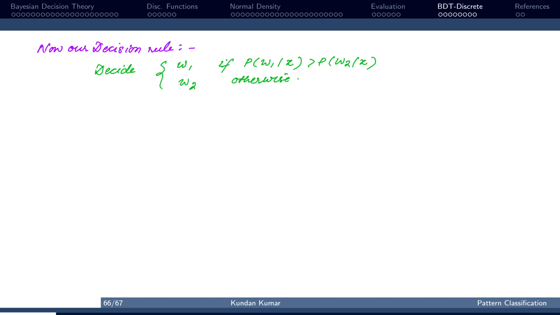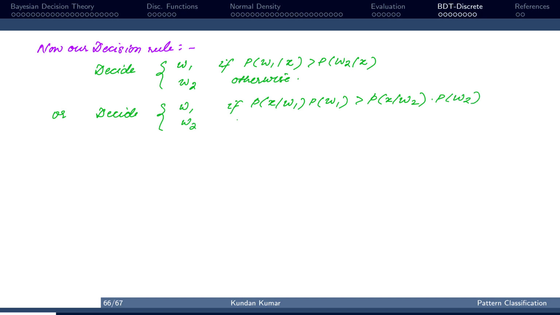The same decision rule can also be written as: decide class omega 1 if p of x given omega 1, that is the class conditional probability of class 1, into the prior probability of class 1 is greater than the class conditional probability of class 2 into the prior probability of class 2.